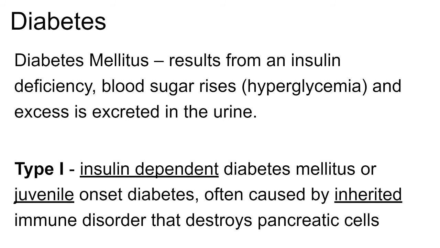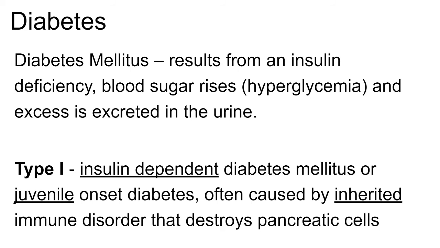This is typically when the pancreatic cells can't make insulin. So it's not caused by external factors, it's all internal, it's an immune disorder, and it's something that just happens. The body is not able to make insulin, so typically these children end up on insulin replacements.